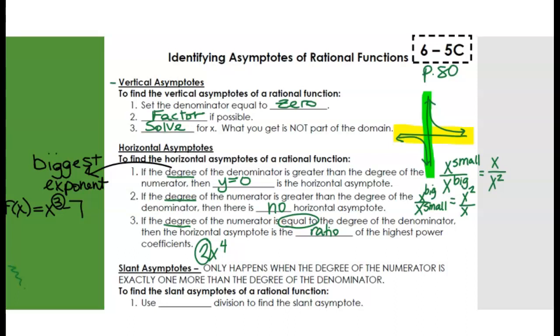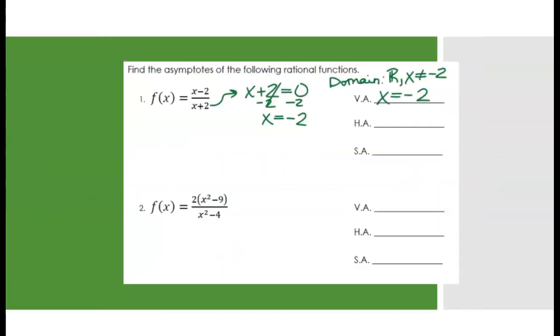So let's go to number 1 again. And I want to figure out the horizontal asymptote, so I'm comparing the exponents, the degrees, right? So what's the exponent for x? 1. What's the exponent for this x? 1. So what do you notice about the degrees?